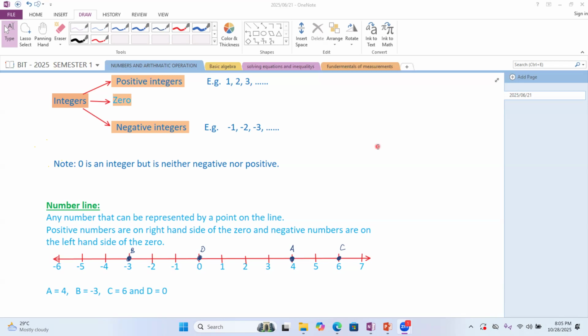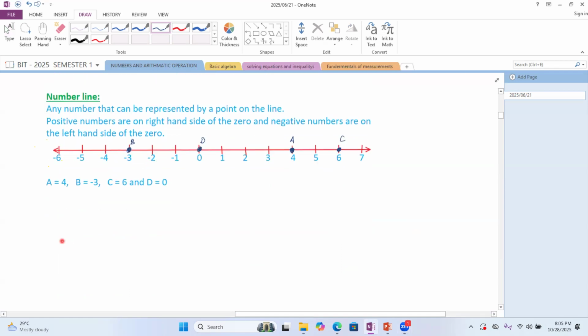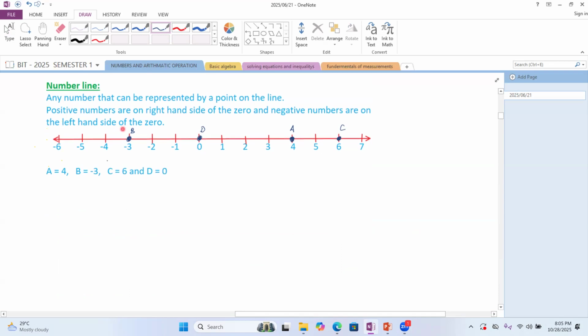Add positive numbers using number line. How can we add that?